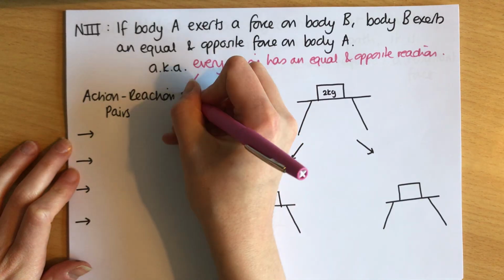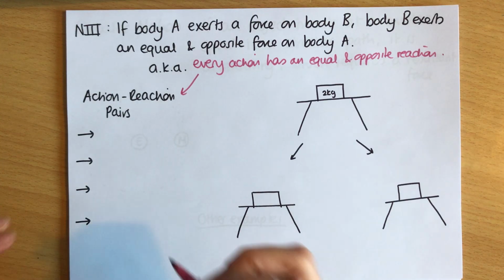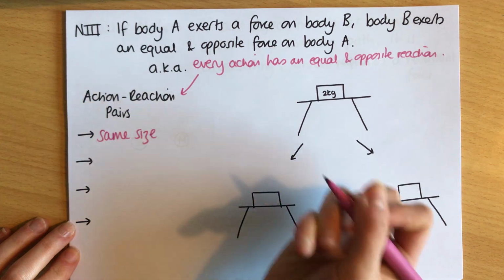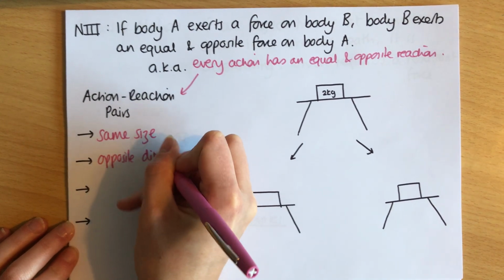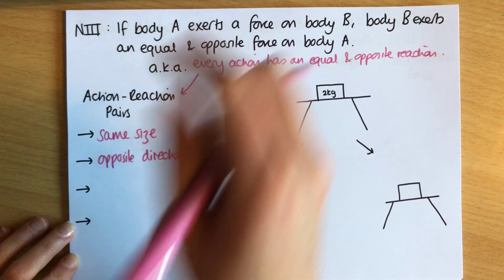Now, this causes something called action-reaction pairs. Every single force arises in a pair with another force. And these two forces must be the same size, or equal in magnitude. They must be in opposite directions, not different directions, opposite directions. And these are the two that everyone remembers because they're in the definition.